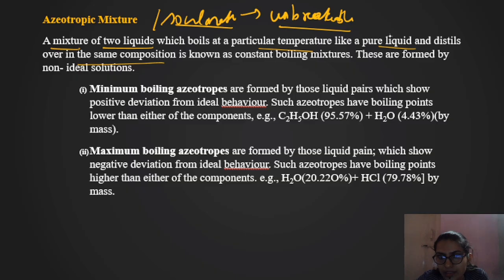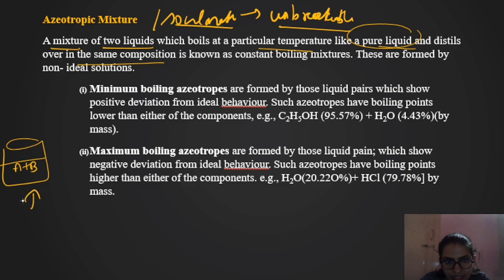It means, suppose I have a liquid mixture, A and B. Two liquids I have added, right? And I have supplied a lot of heat. It means they are converted into vapor form. And once they are converted into vapor form, I am undergoing the distillation process also. They will convert into vapor form and again condense and convert into liquid.